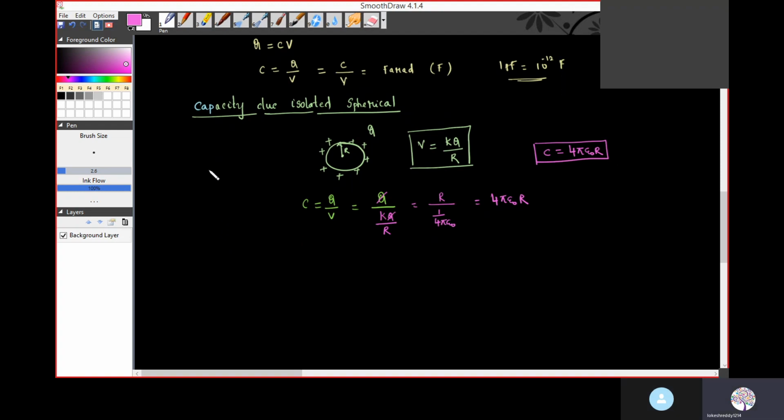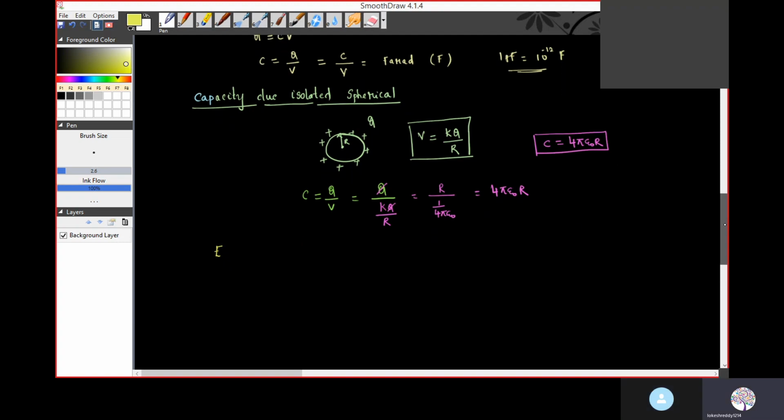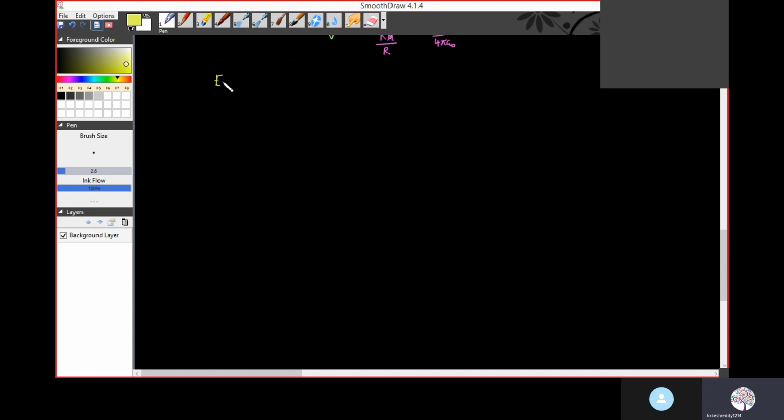Then, energy of a charged conductor. I'm discussing the energy of a charged conductor. What is the energy of a charged conductor?